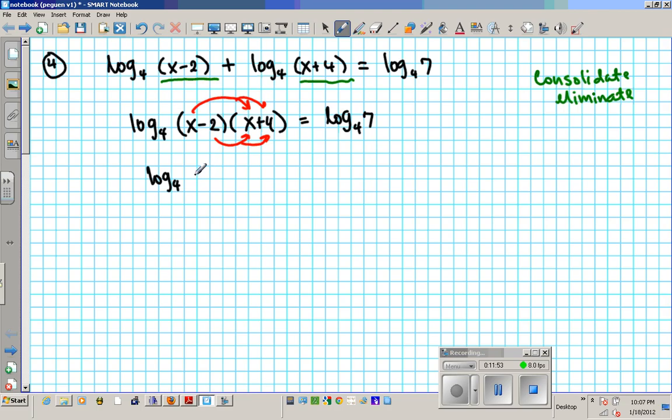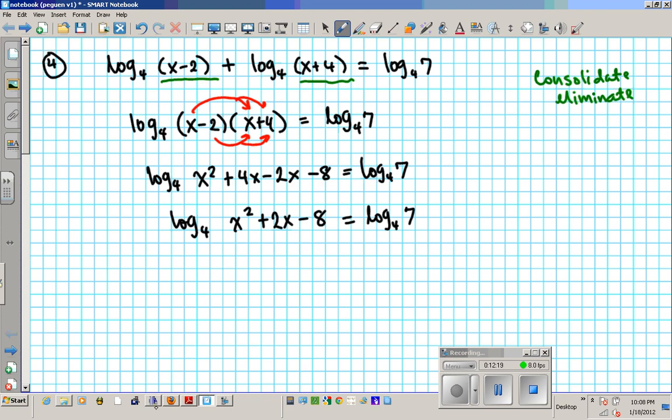We distribute, we're going to have x squared plus 4x minus 2x minus 8 equals log base 4 of 7. Then simplify further, log base 4 of x squared plus 2x minus 8 equals log base 4 of 7.